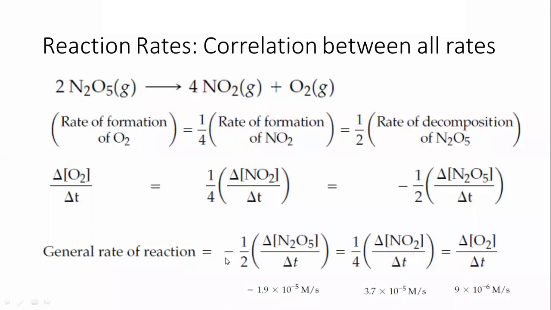The reason is this minus is giving you only the information that this is the reactant, and if this is the reactant, this has to be decomposed during the reaction. This is just the information coming from the minus sign. So the minus sign doesn't mean that the value is minus. Value will never be minus.